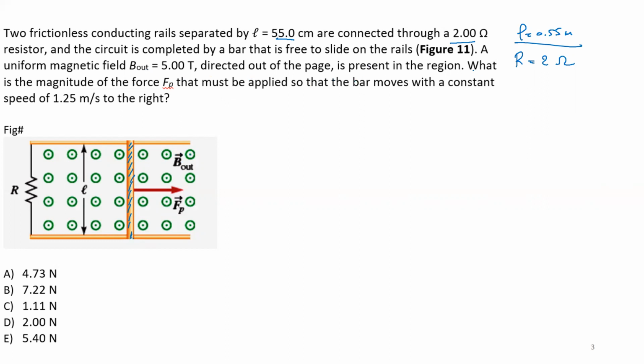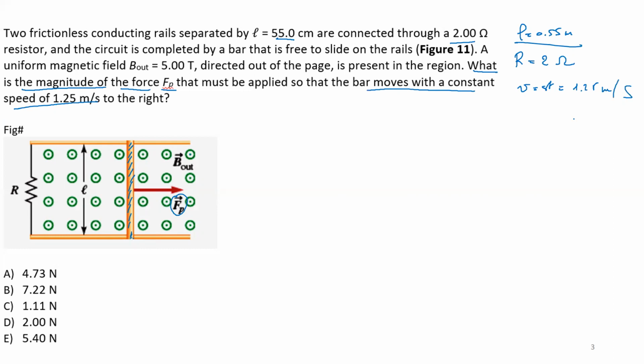The question is, what is the magnitude of the force Fp? I'm applying this force Fp. So what should be the magnitude of force Fp such that the bar will move at a constant speed, and I give you V. So V is constant and is equal to 1.25 meters per second.